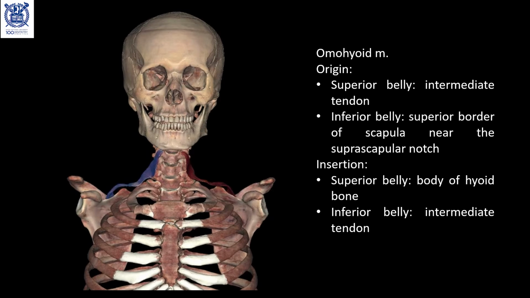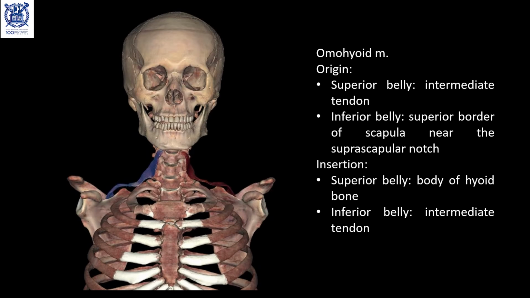The omohyoid is innervated by a branch of the cervical plexus, the ansa cervicalis. The inferior belly of the omohyoid is innervated by three cervical branches, known as C1 to C3, that make up the ansa cervicalis, while the superior belly is innervated by the superior root of ansa cervicalis, which contains only fibers from the first cervical spinal nerve.